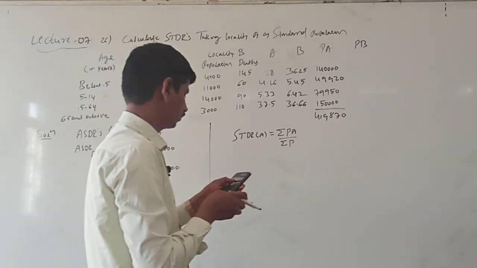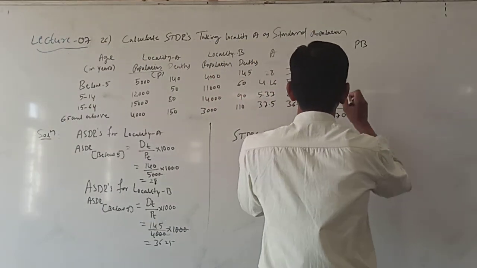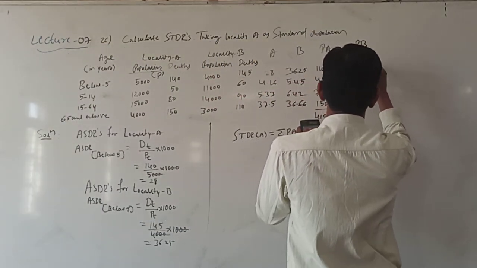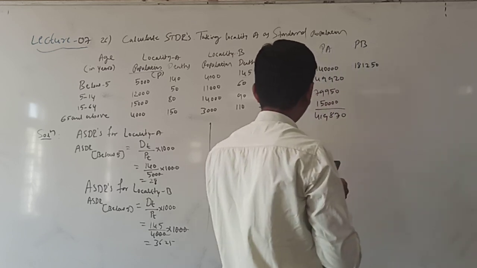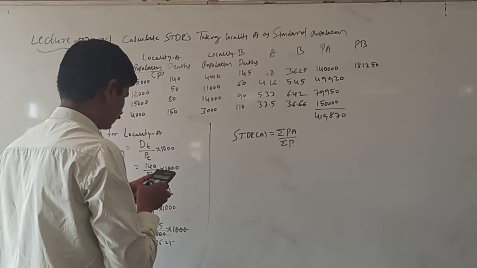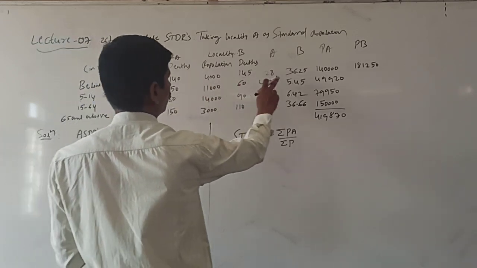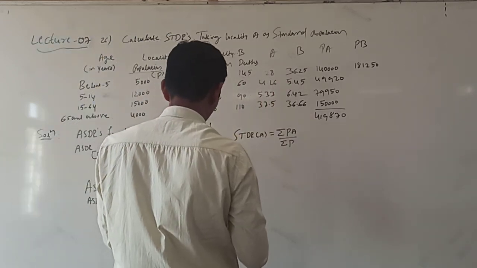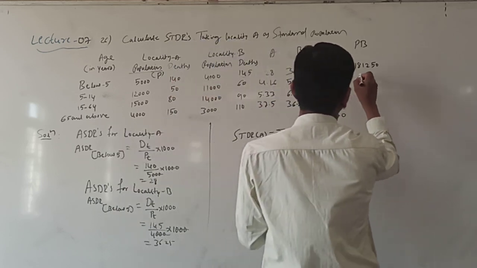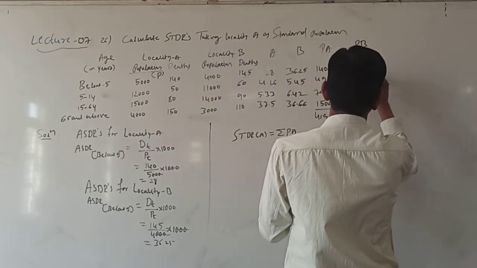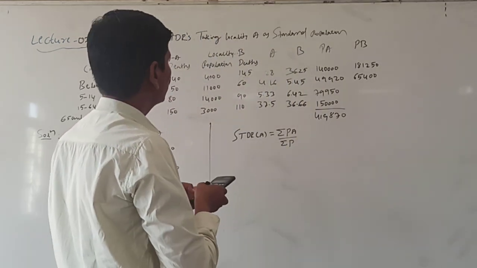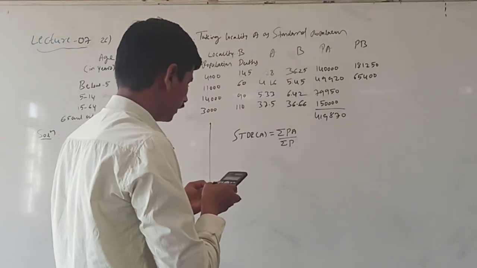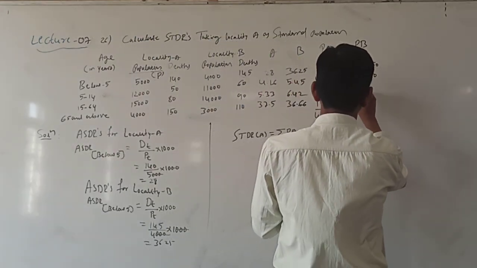we'll get 1,81,250. The next 12,000 into B, 5.45, then we'll get 65,400. The next 15,000 into 6.42, then we'll get 96,300.